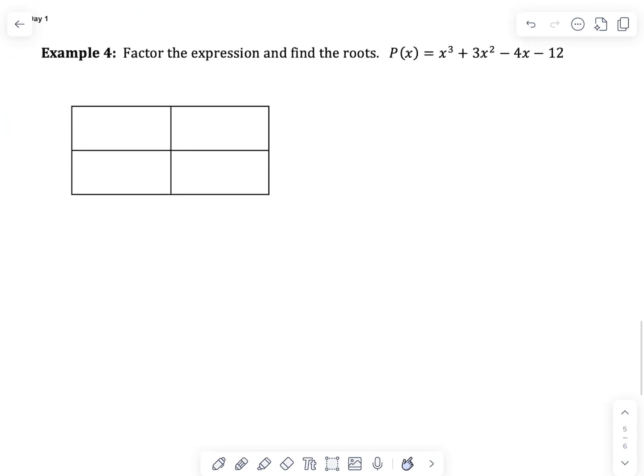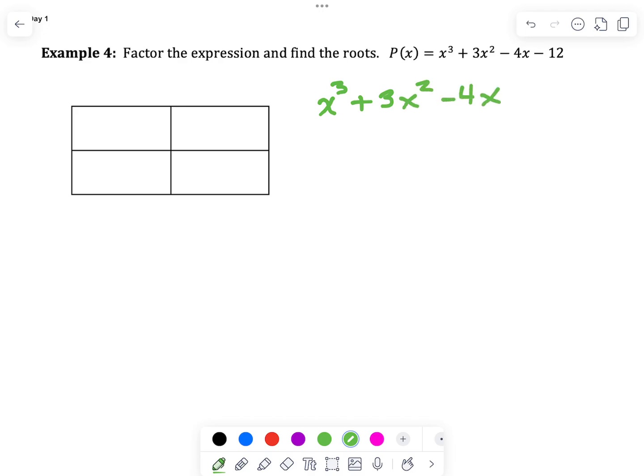Example 4. Factor the expression and find the roots. So first thing we're going to do is go ahead and set the function equal to 0. And then what we want to do is we want to factor it.